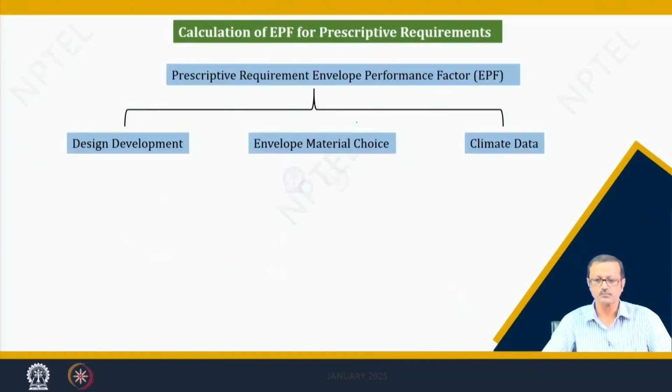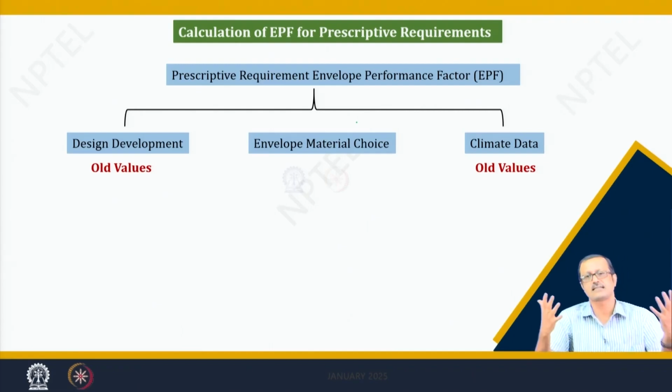So, now we have to see the prospective requirement, those 3 types of requirement. Let us come down to these 3 particular choices, the choice basket. The first choice basket is the design development. You cannot change the choice basket because your design is developed.